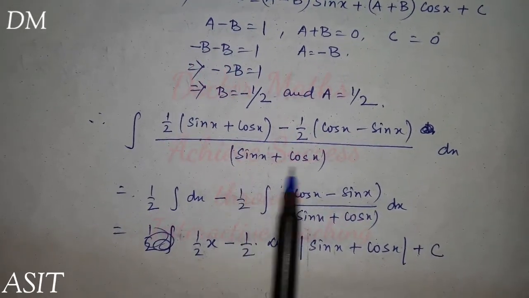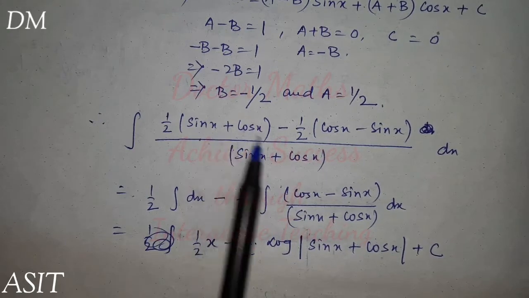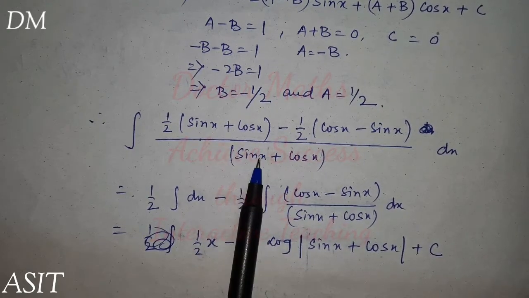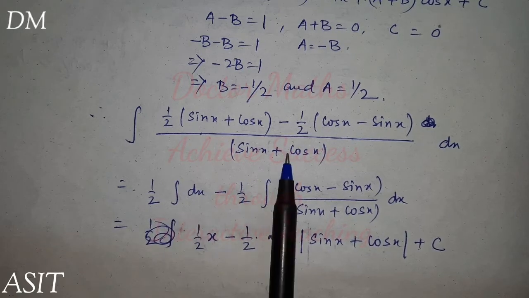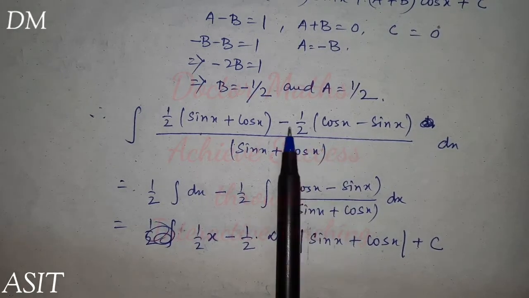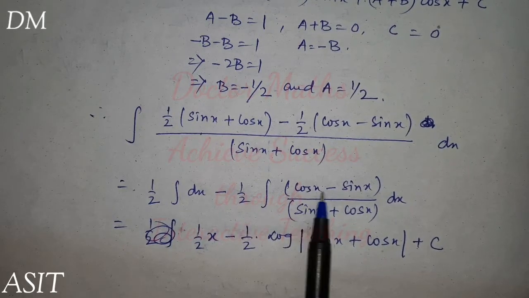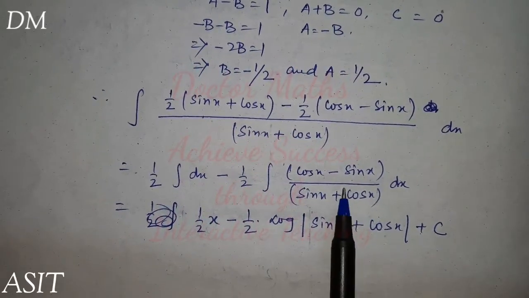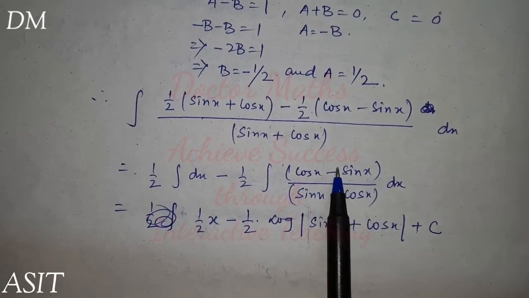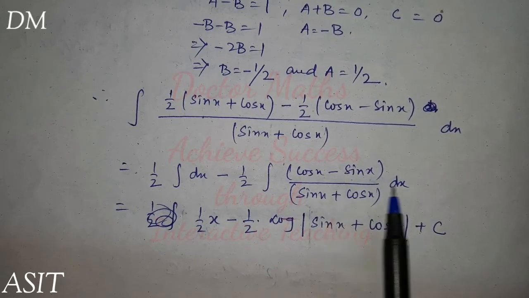Now I will distribute the denominator. If I distribute, first of all it will be cancelled out with this term, so therefore it will be only half integration dx, and with this term we can write minus half outside the integration, (cos x minus sin x) by (sin x plus cos x). Now we can see this is in the form of f dash x by f x dx.